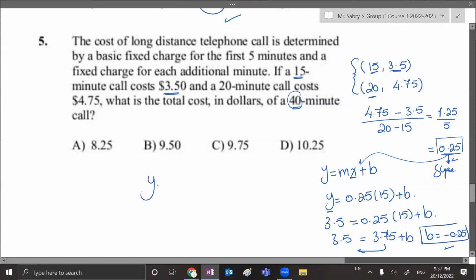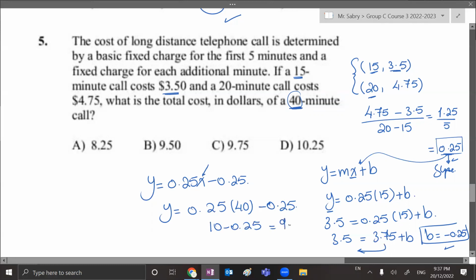I can write the equation as y equals 0.25x minus 0.25. If he needs me to calculate a 40-minute call, I'll substitute x with 40. So 0.25 multiplied by 40 and then minus 0.25. That would be 10 minus 0.25. So the answer is $9.75.